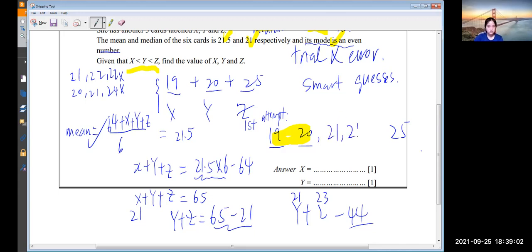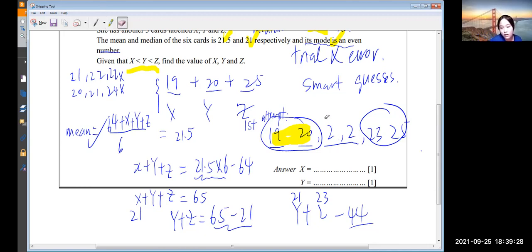21, 21, 23. So the median is 21, right? But the mode is not an even number, so also cannot. But what about this? 22 and 20.